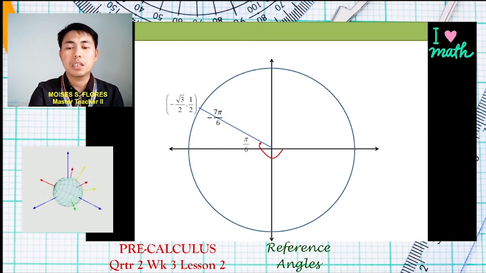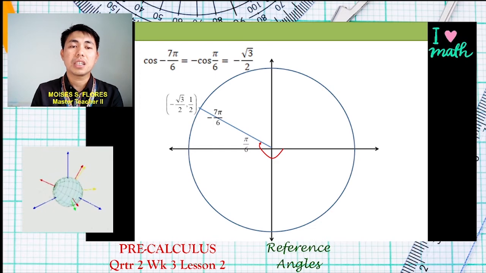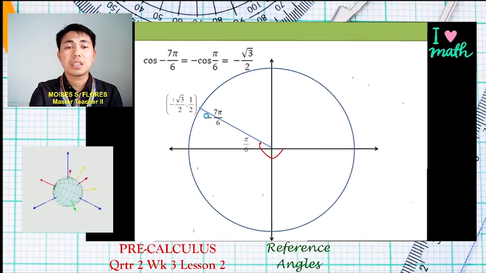We are asked for the cosine, so it is negative cosine pi over 6, and your exact value is simply negative square root of 3 over 2, the value of the x coordinate of 7 pi over 6. So that is how we determine the reference angle.